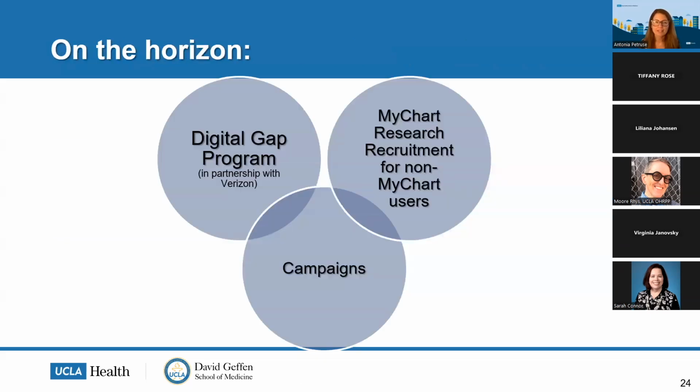Something that's coming up on the horizon, we are launching a digital gap program that is coming in July. This is in partnership with Verizon, where we partner with Verizon to provide to our study teams a very, very cheap monthly fee of a cell phone, which is about $20 per month for a 1-year contract that you can provide to study participants that you're having a hard time to reach.